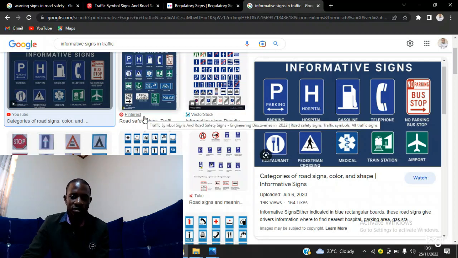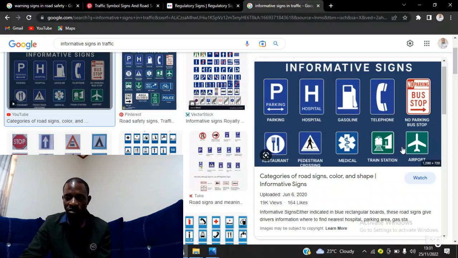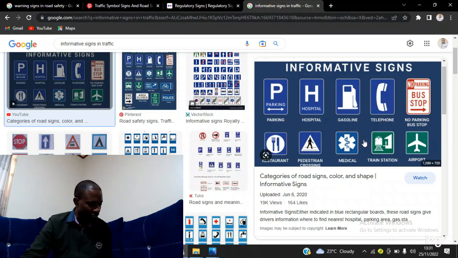Yes, those are called informatory signs. They'll tell you maybe a bus stop is somewhere around, there is a medical facility. They give you information. An airport like this, a bus stop. So those are the categories of road signs that you need to know that are very common.